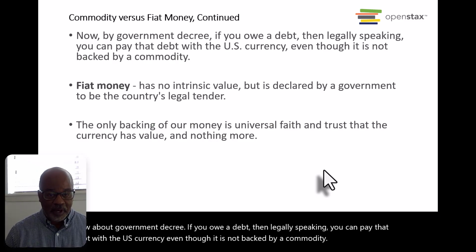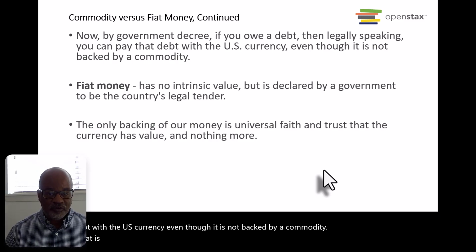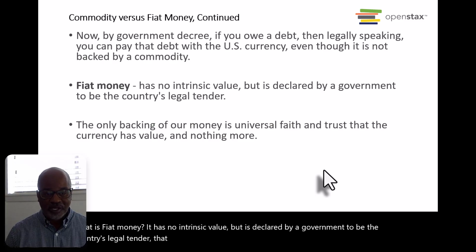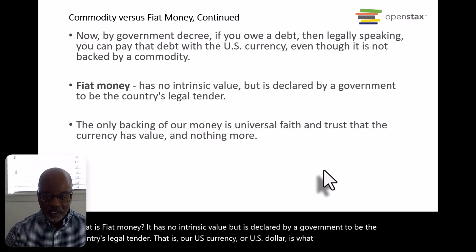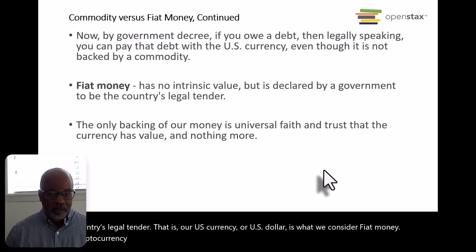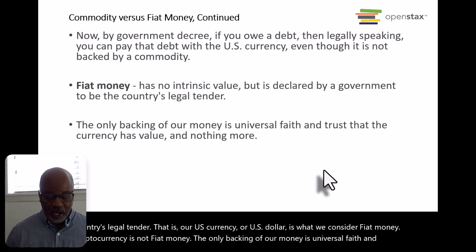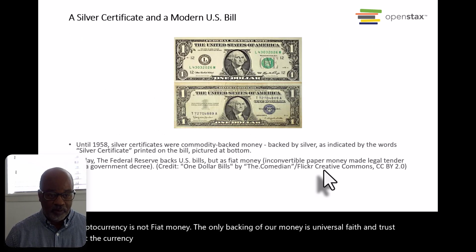What is fiat money? It has no intrinsic value, but is declared by a government to be the country's legal tender. Our US currency, the US dollar, is what we consider fiat money. Cryptocurrency is not fiat money. The only backing of our money is universal faith and trust that the currency has value and nothing more.